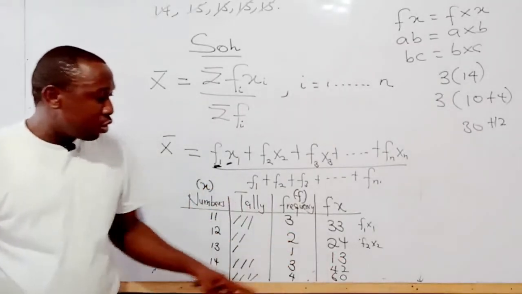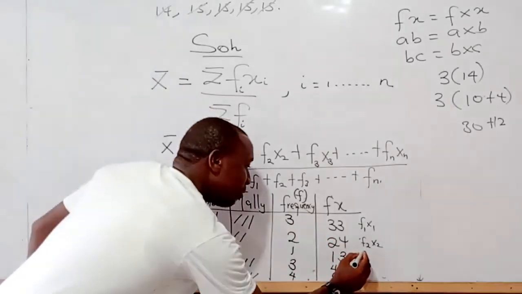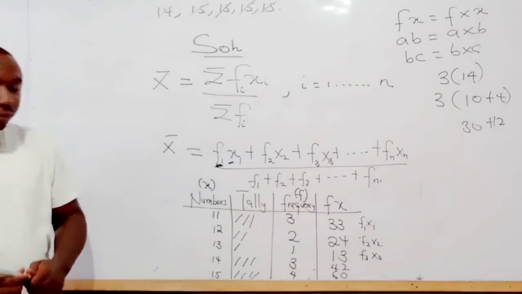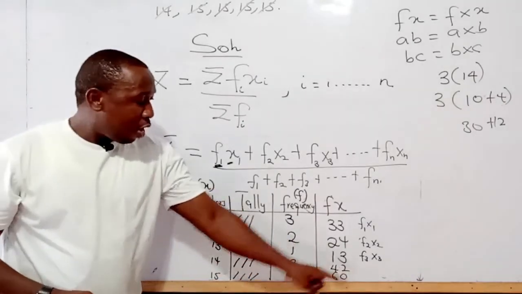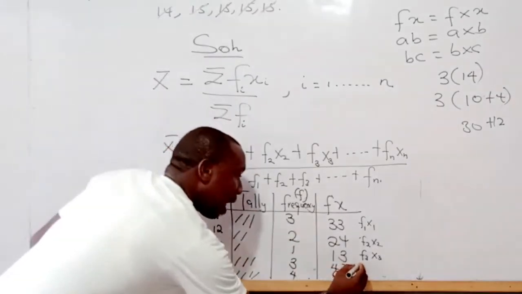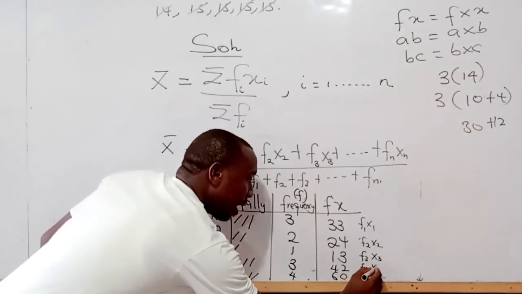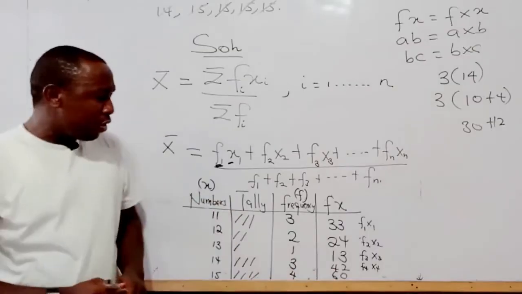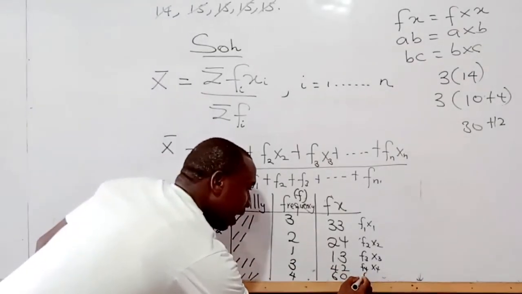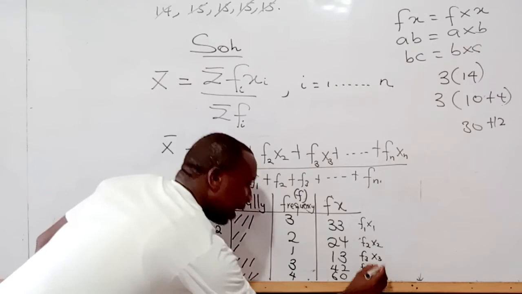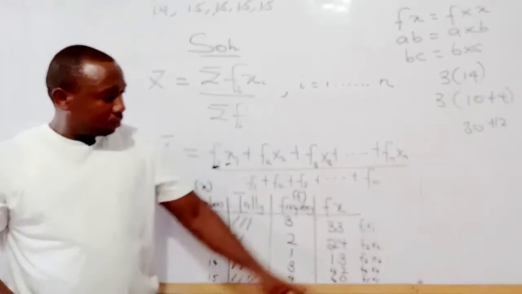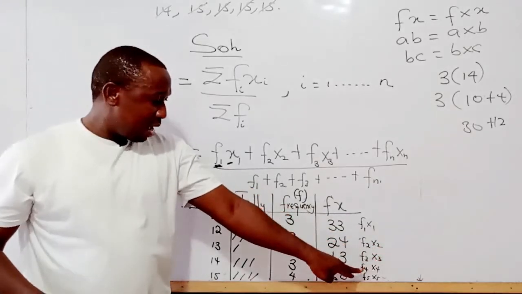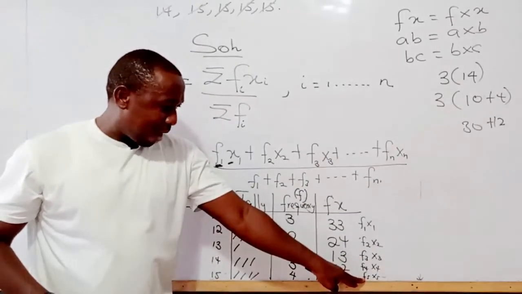The third row represents our F3, X3. The fourth row represents our F4, X4. And then the fifth row represents our F5, X5.